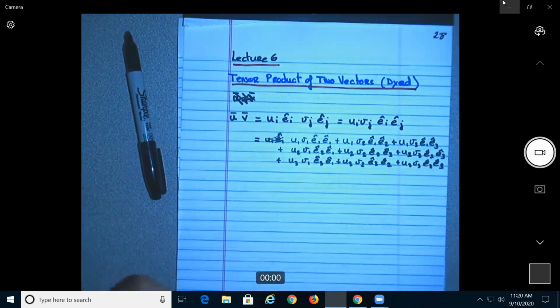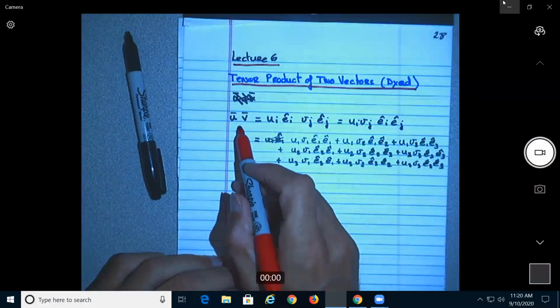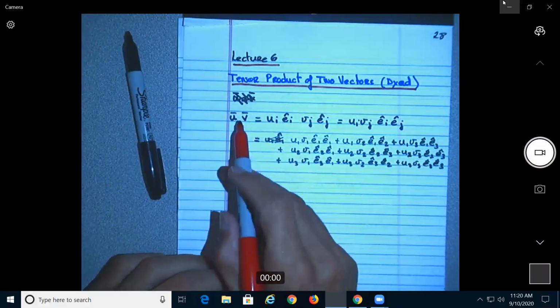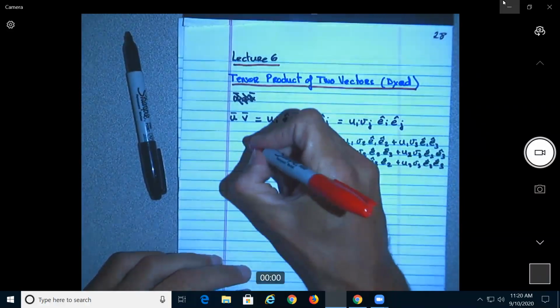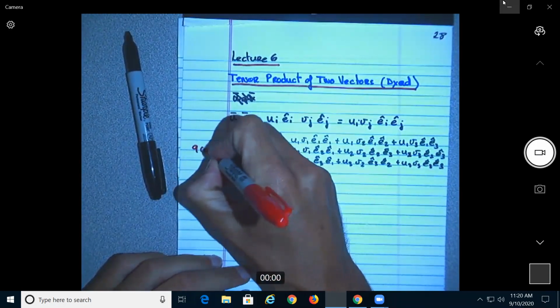So basically you see that the uv in this way is not a dot product or cross product, it's just the product of two vectors. It gives you at the end 9 components.